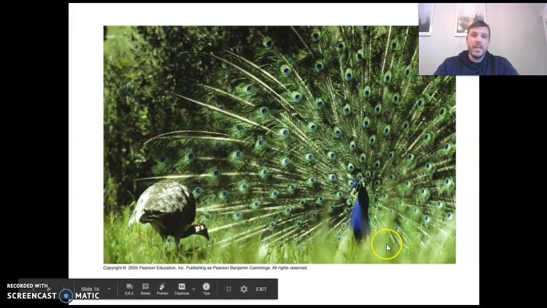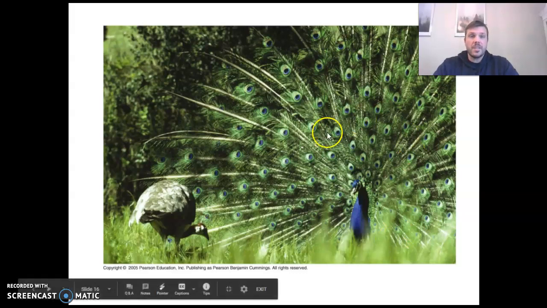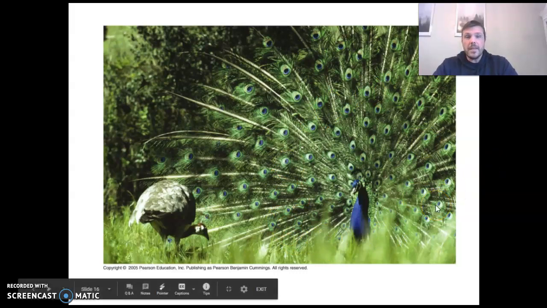In fact, the biggest, most showy tails that are out there are the ones that are the most sought after by the female peacocks. So until it becomes a hindrance to the male peacock to the point where it affects its chances of survival, that tail could, as long as the DNA exists, the mutations exist, the tail probably would keep getting bigger because the peahen wants it that way.